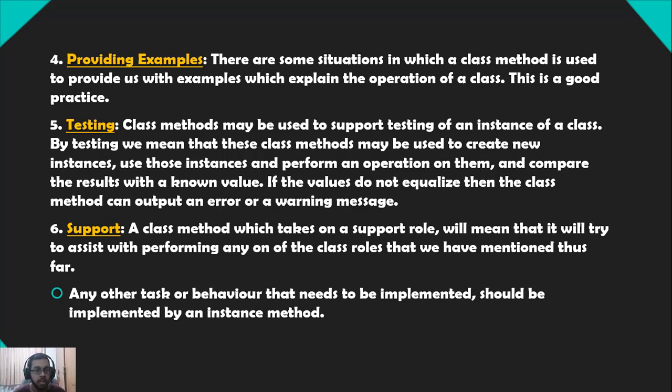Number 6, support. A class method which takes on a support role will mean that it will try to assist with performing any of the class roles that we have mentioned thus far. Any other task or behavior that needs to be implemented should be implemented by an instance method.